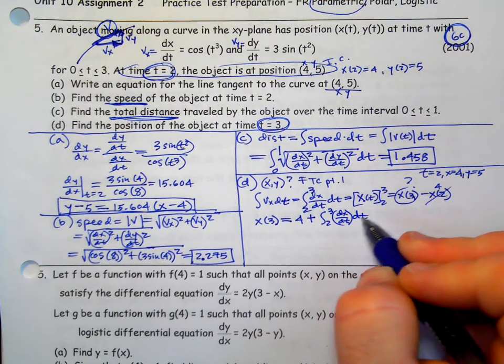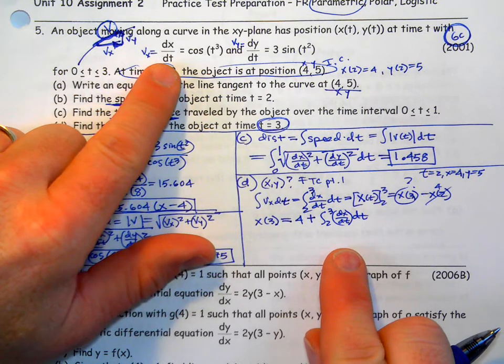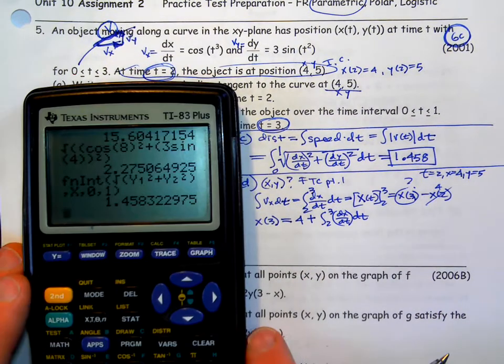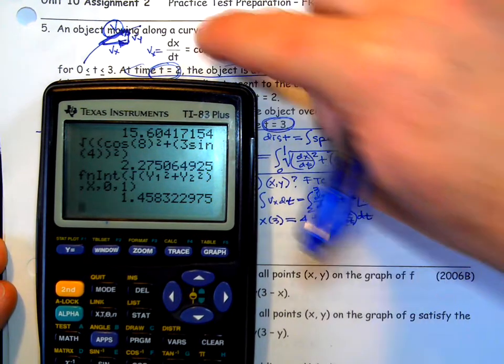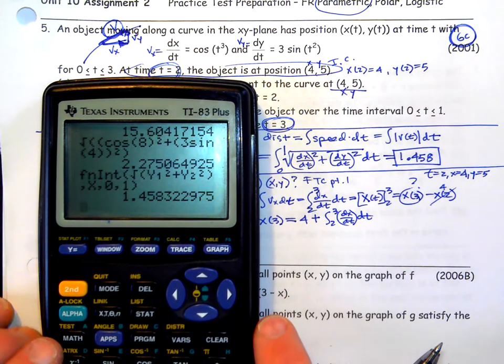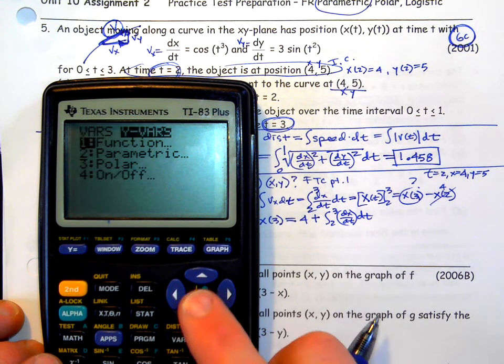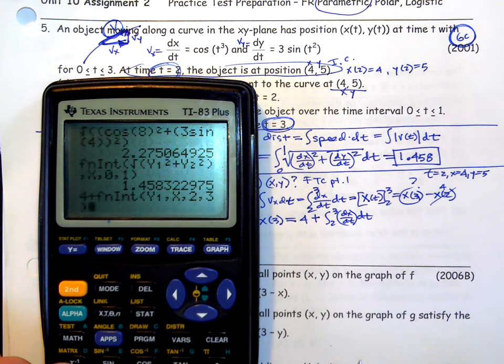Now I'm writing it this way, instead of writing vx, because that's the way they labeled it. If they wrote vx up here, I'd put vx. So you kind of want your setup to match. You could also write cosine t cubed in here if you want. But 4 plus math 9, vars, y vars, function, y1, comma x, comma 2, comma 3. This should be our answer.